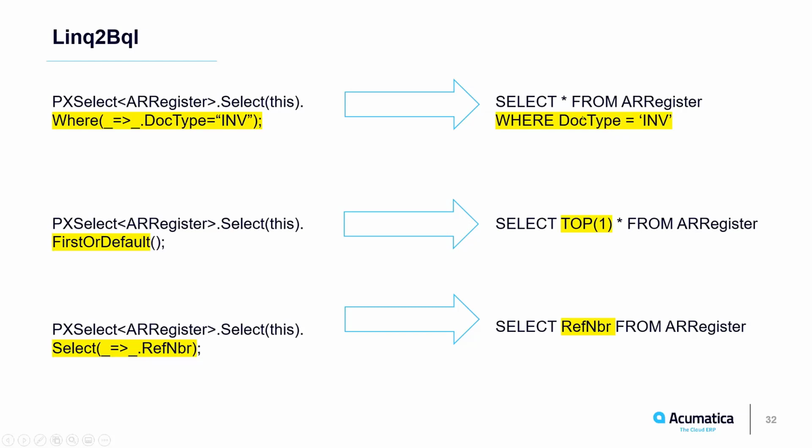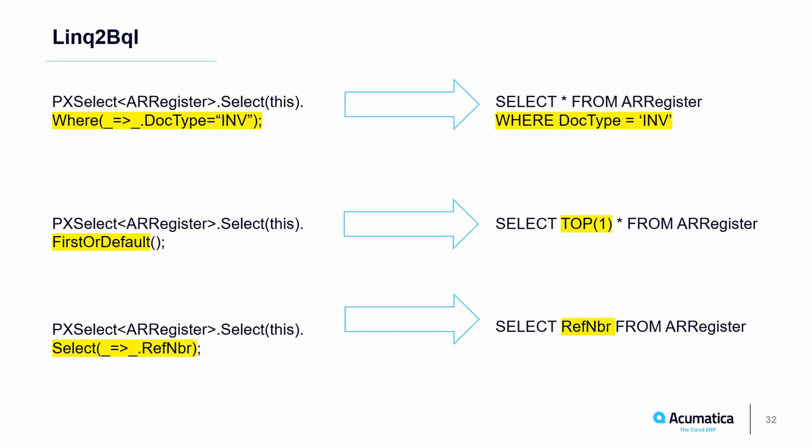So again, the same thing as we saw with the UI filters, we try in Acumatica to propagate all possible conditions from code, from UI, directly to the SQL server to reduce the amount of data that we are selecting as the first step, right?